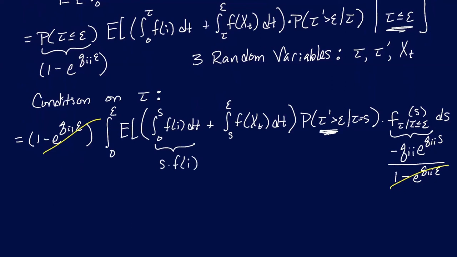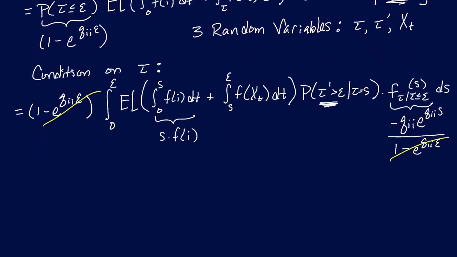And because we're in this conditional land where the first event has happened, but not the second event, the process is constant there as well, but I don't know what it is. It's some constant, and it will depend on where we moved, going from I to some j. So this is actually the next random variable I'm going to condition on. The probability, excuse the poor notation, that the chain goes from I to j when it moves.